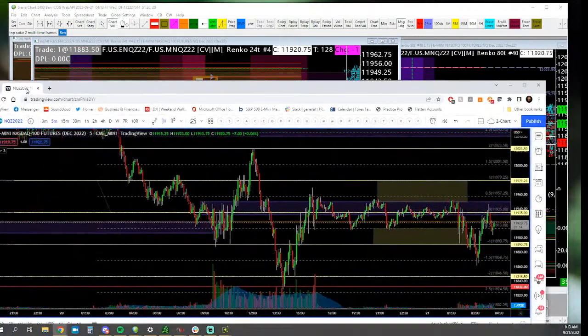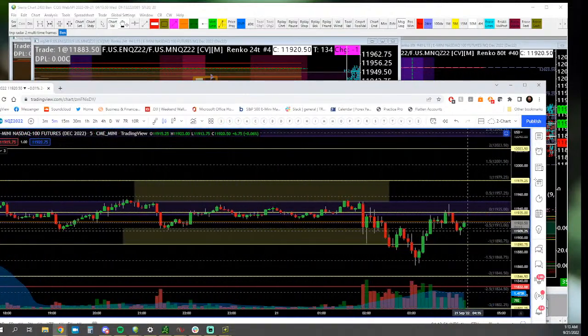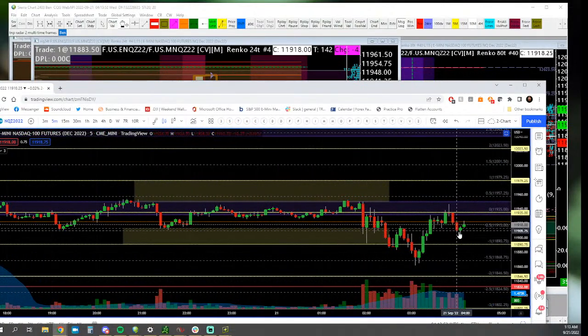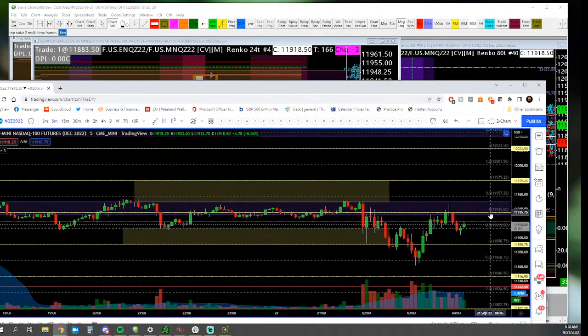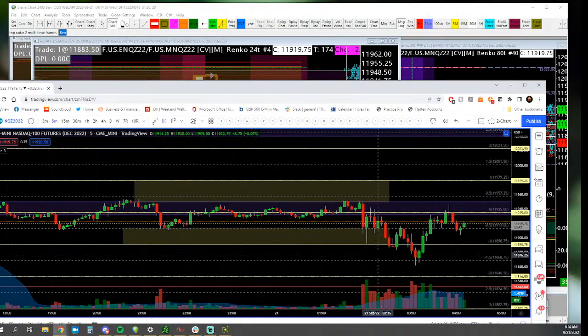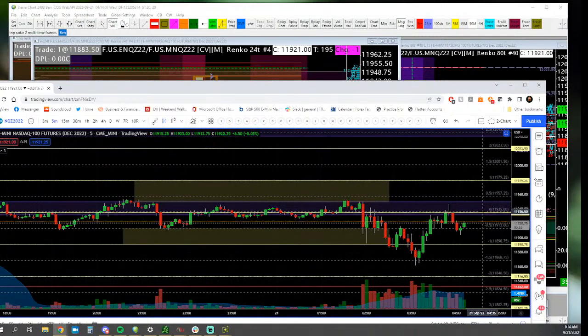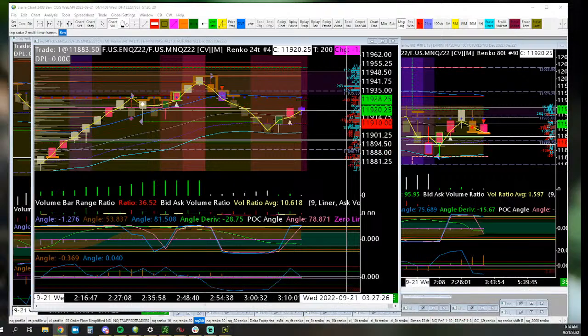We ran into the midpoint here. And then it tried to go lower and it reclaimed the midpoint. So now what you'd think would happen would be it'd come all the way back up and hit this. And that makes sense. Doesn't mean it will, but that makes sense.